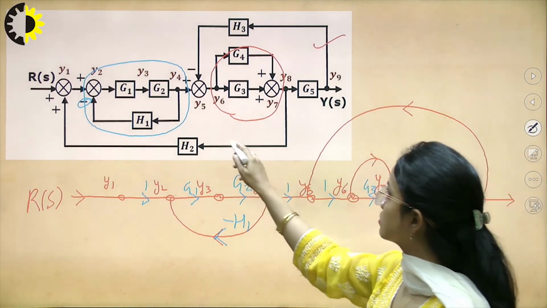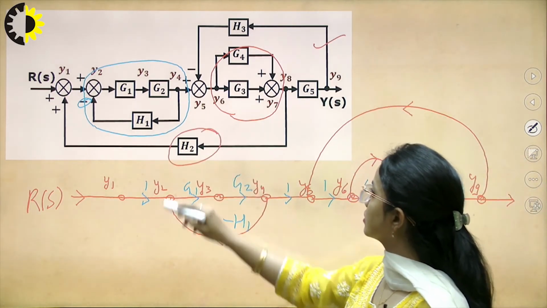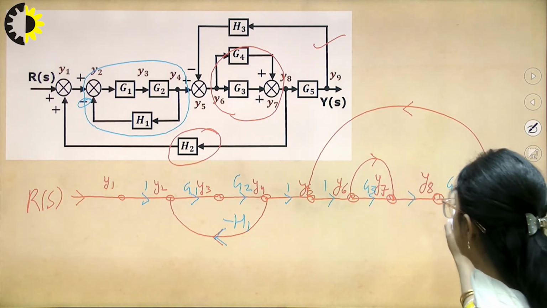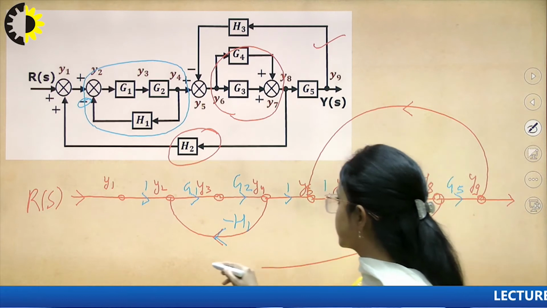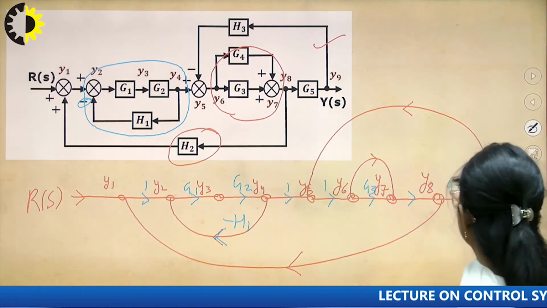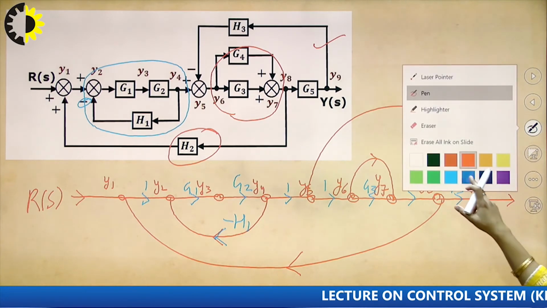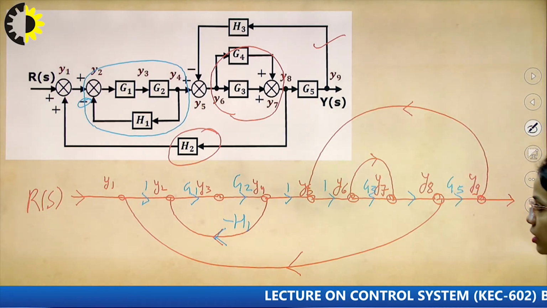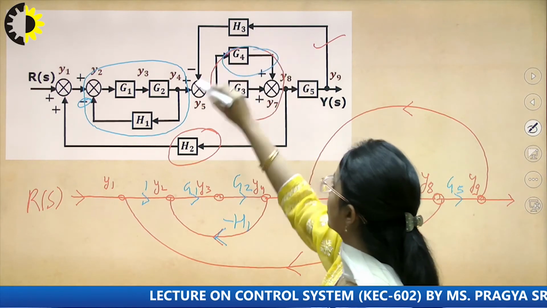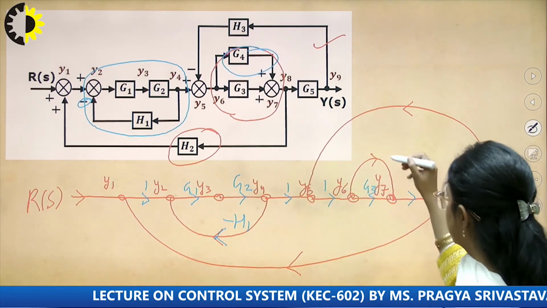Now only this one is left. We have to start from y8, enter into y1. Now I am going to write the corresponding path gain. So path gain for this one is plus g4.